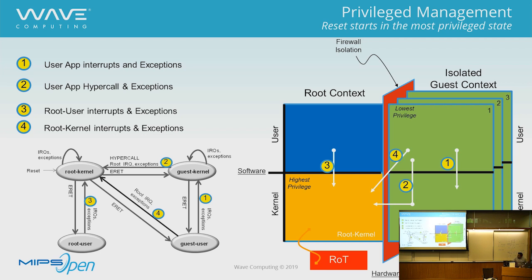It is intended to make sure that the root context has full control and can allow a guest to have a lot of control as well. But the guest cannot really influence the root. And you can always go to the root context and manage your entire system in that environment.